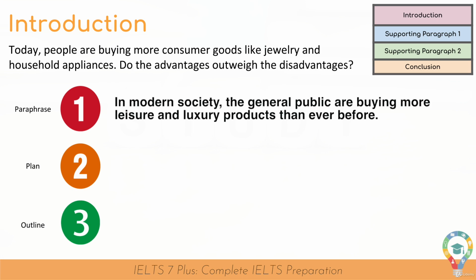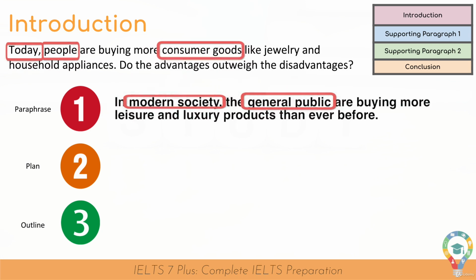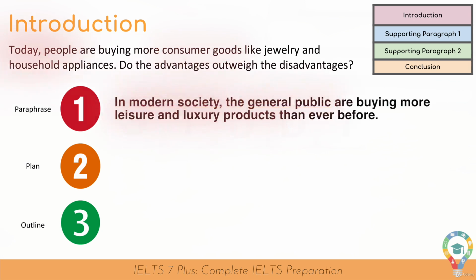The key phrases that I paraphrased here are today into modern society, people into the general public, and consumer goods into leisure and luxury products. At the end of the sentence, I added the phrase than ever before, but actually this isn't completely needed.